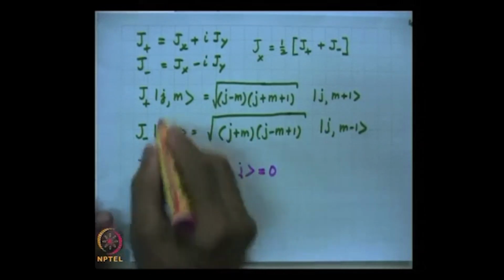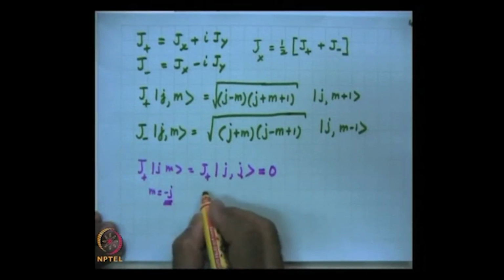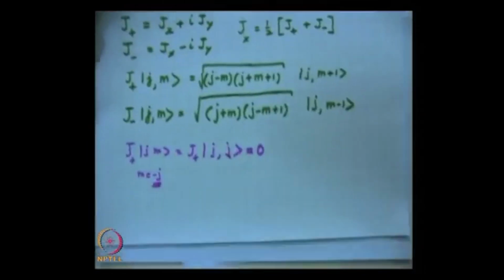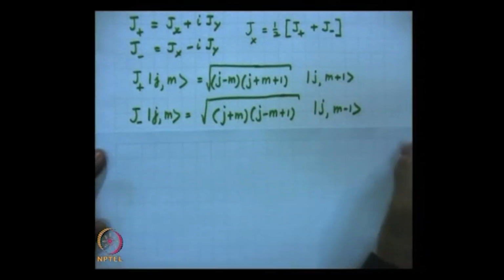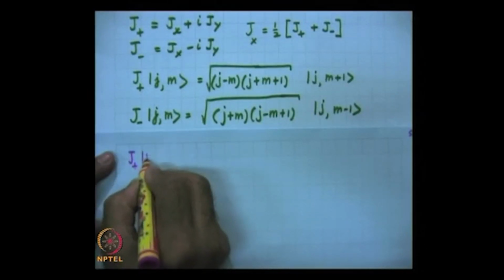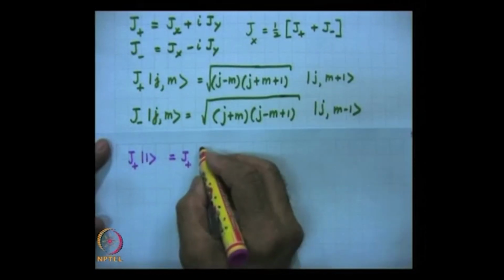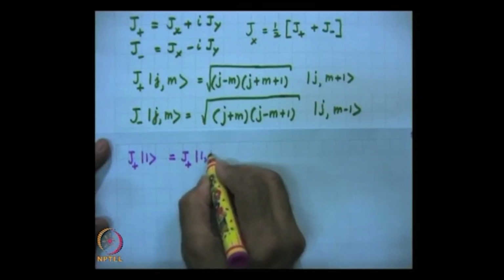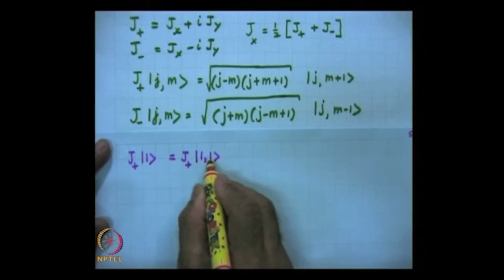Okay. Now, we use these two relations to obtain J plus ket 1 and J plus ket 2. So, let me write it down. So, we have here J plus ket 1, where ket 1 is 1 comma 1. So, j value is 1, m value is 1.